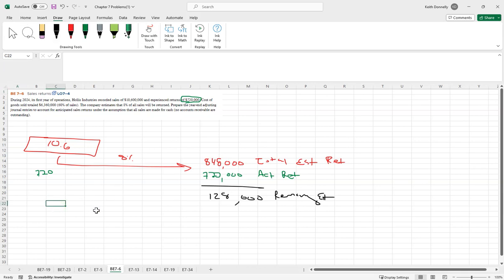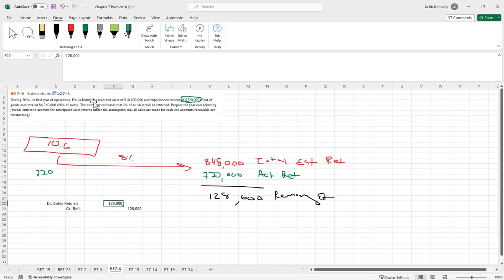So essentially what we're going to have to do at the end of the year is make a journal entry for this: debit sales returns 128, credit refund liability 128. We're basically sitting on this money that isn't ours. We expect these returns to happen.